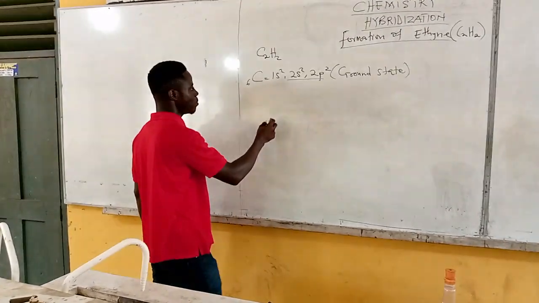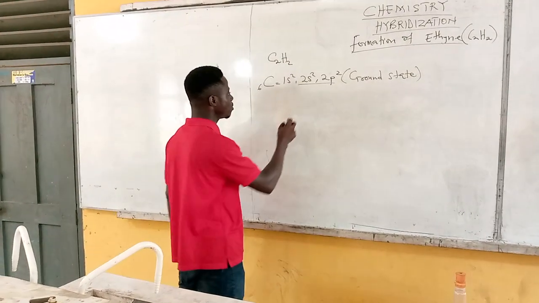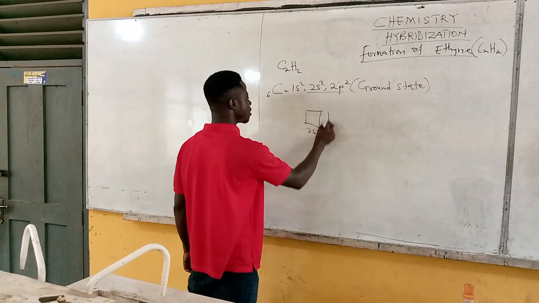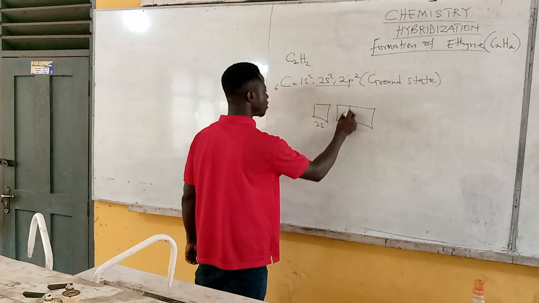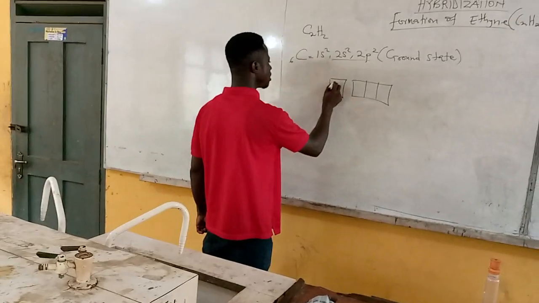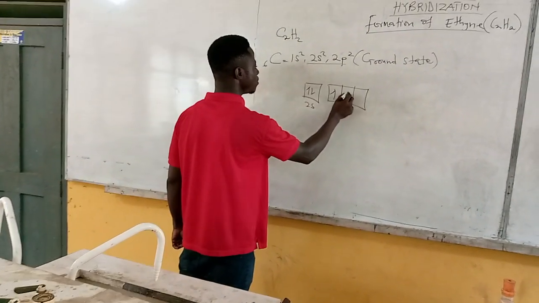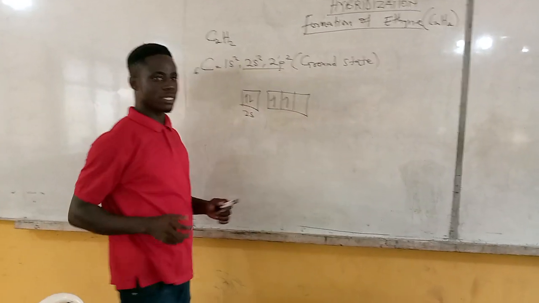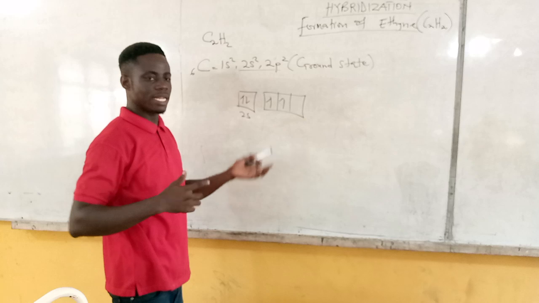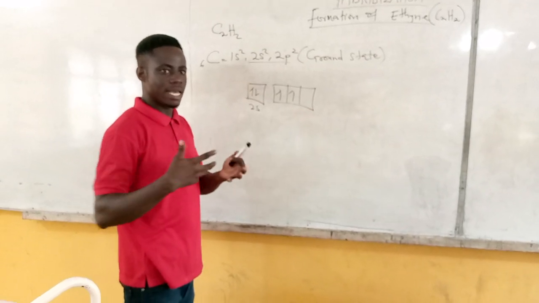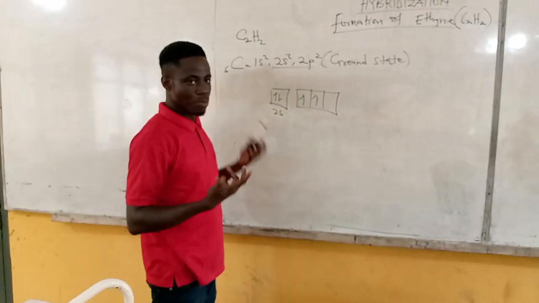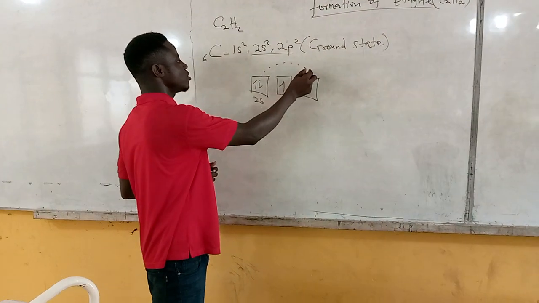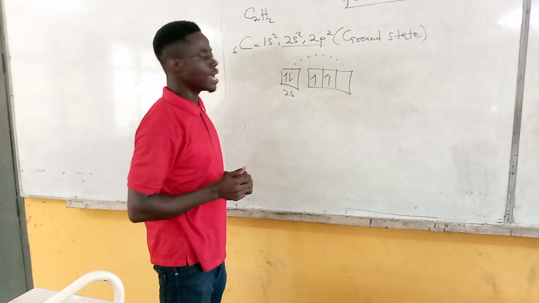In this case, if you are to use the valence electrons, we are going to focus on this 2s, which has 2 electrons, and this has 2. But just like I explained in my previous video, we don't use 2 electrons in a chemical bond. It's only 1, which pairs with 1, they share, and they form a bond. So one electron has to be promoted from this lower energy to a higher energy.